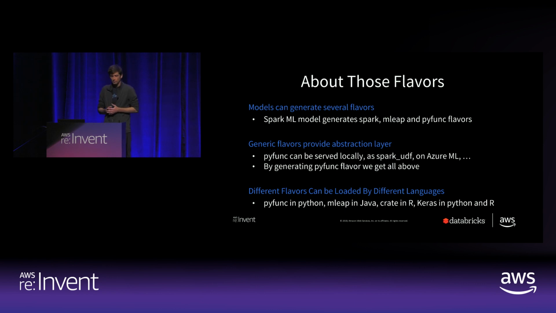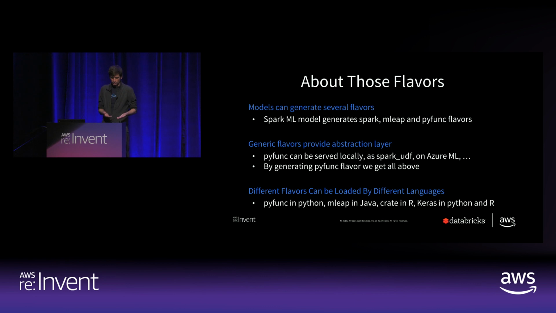So let me talk a little bit more about the flavors of MLflow models. Any model can log multiple flavors, and the purpose of this is that we cover all the possible use cases you might have when applying the model. For instance, for the model we looked at earlier, someone might want to pull it back to TensorFlow, extend the graph, tweak it, and score it.